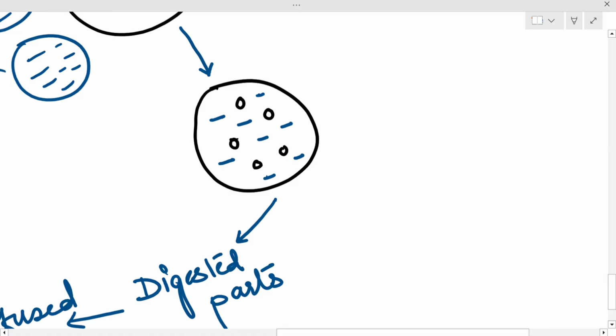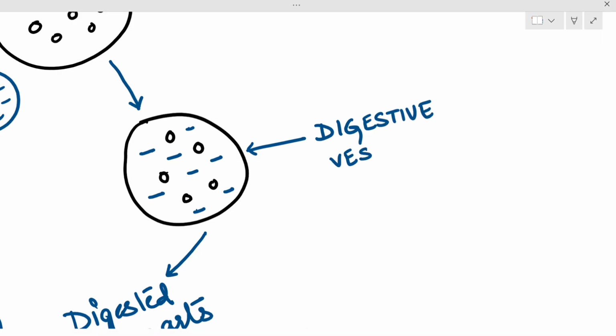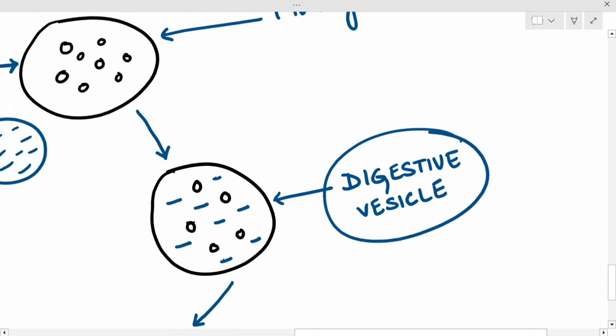And this particular vesicle where the lysosome has given the enzymes is known as a digestive vesicle. Before it was a pinocytotic vesicle where only the macromolecules were present, but after being attached with the lysosome, when the lysosome transferred its enzyme, that is the acid hydrolase, to the pinocytotic vesicle, it gets converted to a digestive vesicle.